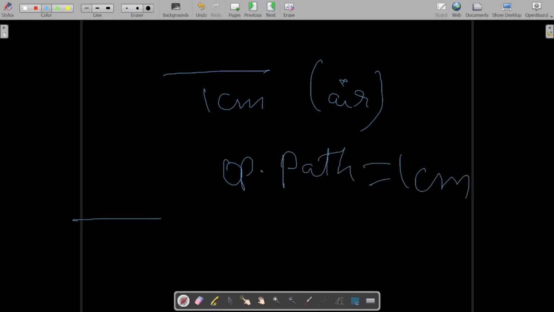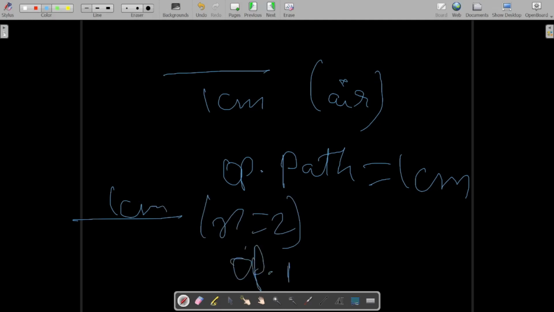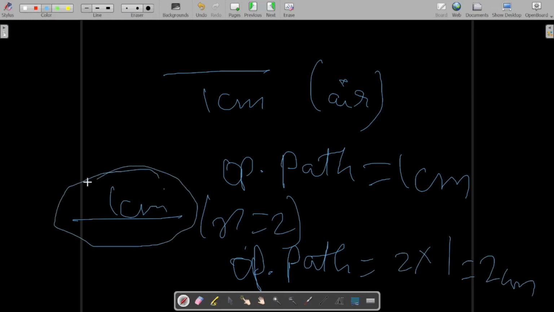But if I travel 1 centimeter inside a medium having n equal to 2, then I have traveled an optical path equal to 2 centimeter, 2 into 1, because I have traveled in a denser medium. So even if I travel 1 centimeter in a denser medium, it will be equivalent to traveling 2 centimeter in air. 2 centimeter of travel in air is equal to 1 centimeter of travel in glass of refractive index 2. Got it? So that's the thing.